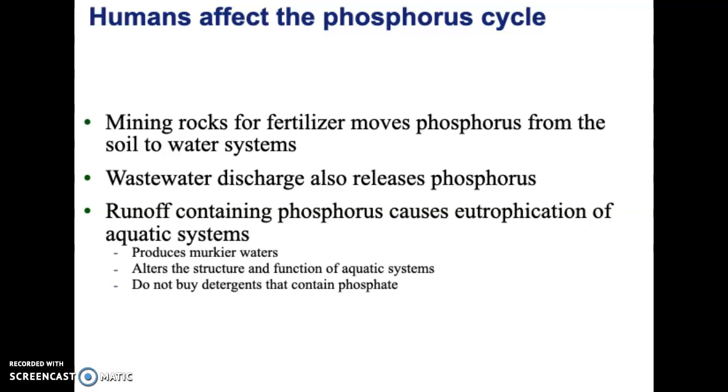So the drivers of eutrophication can be phosphorus or nitrogen. Some algae make water taste or smell bad or produce toxic compounds, which can be harmful if you have too much algae growing in a body of water.